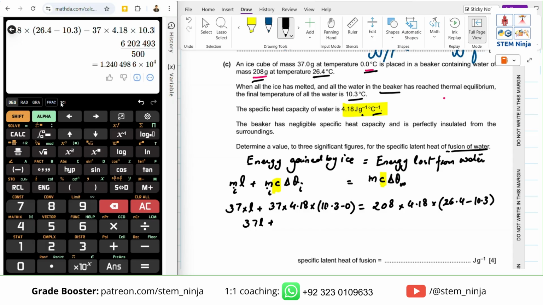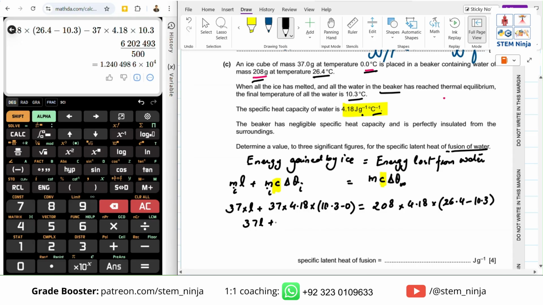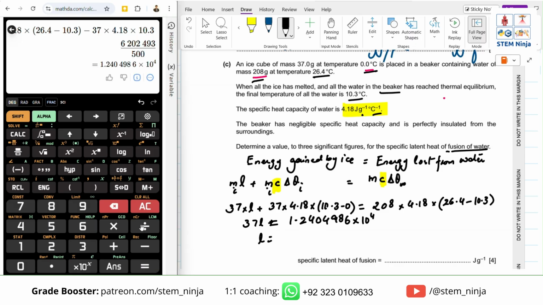Now we have figured this out. So 37L would be 1.2404986 times 10 to the power 4. So L would be this answer divided by 37.